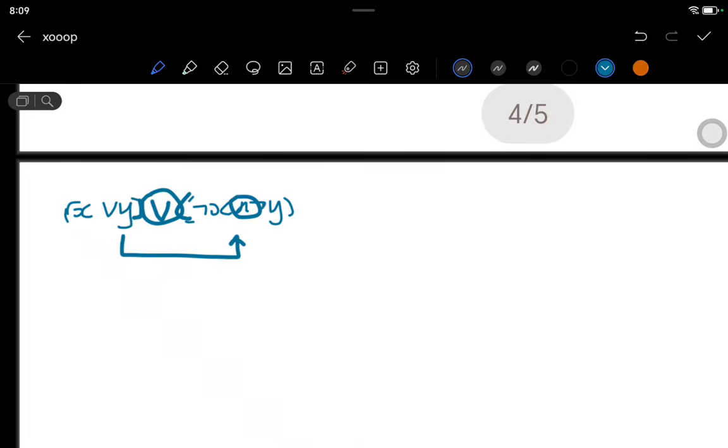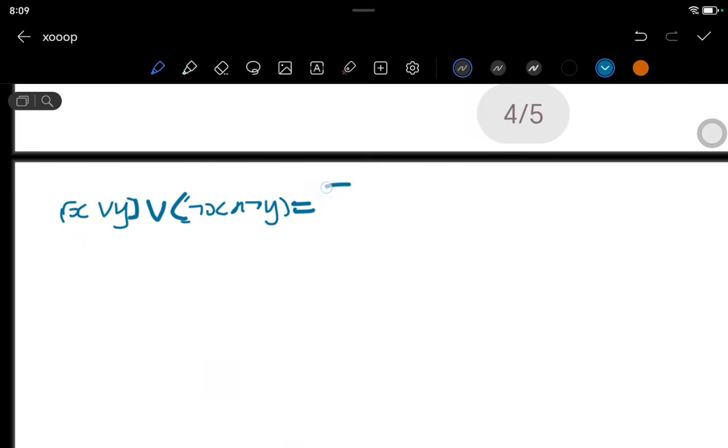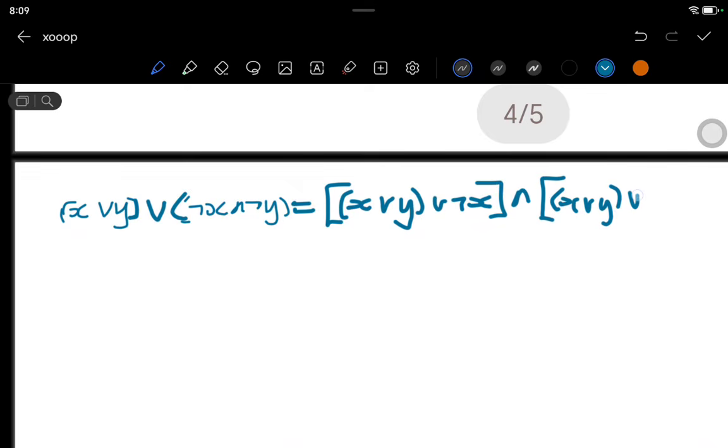So it's not the correct way to distribute, meaning that we should distribute in this way. The signs are going to be the same. Meaning when I distribute here, I'm just going to say X or Y, then I distribute the negation of X, which is coming from here. Then I say and I still keep the X or Y or negation of Y.